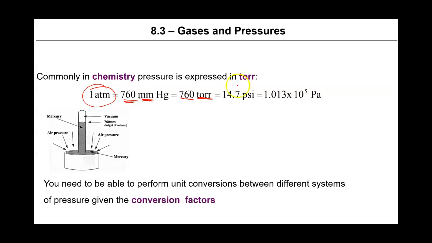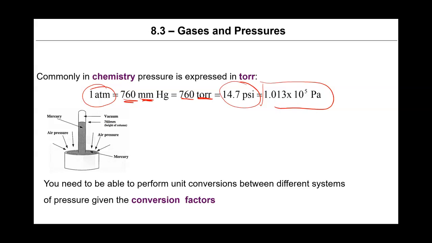If you want to put that into more familiar units, this is 14.7 psi, or about half the pressure in your car tires. In the metric system, pressure is sometimes expressed in pascals, and there is 1.013 by 10 to the 5 pascals in 760 millimeters of mercury.